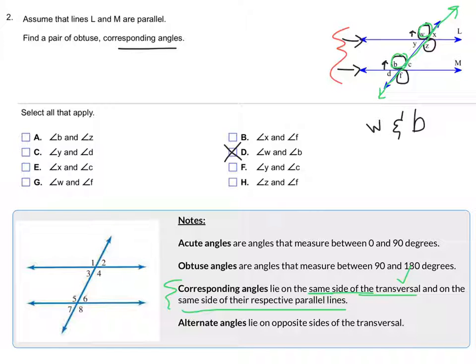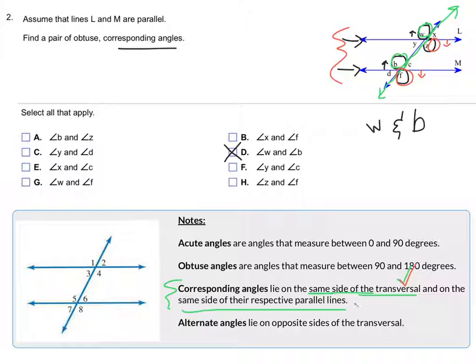I am also going to look at the pair of angles Z and F. So if I look at Z and F, these angles are both on the right side of the transversal, so that meets that condition. Z is on the bottom of its parallel line, and F is also on the bottom of its parallel line.